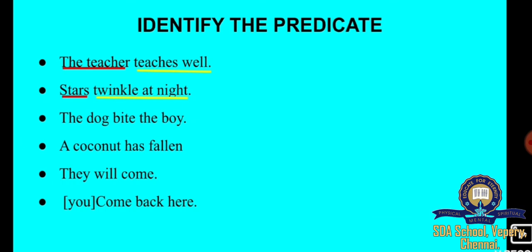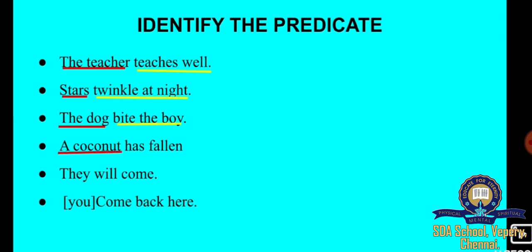And next sentence, the dog bites the boy. Here what is the subject? The dog is the subject and the remaining part is called the predicate. Bites the boy is the predicate. And next sentence, a coconut has fallen. Here what is the subject?